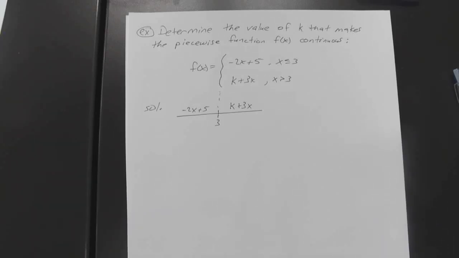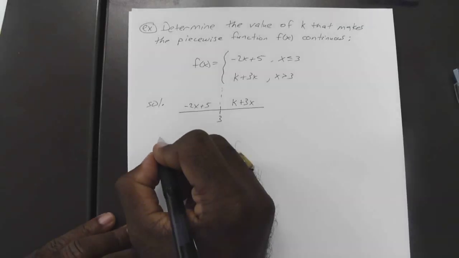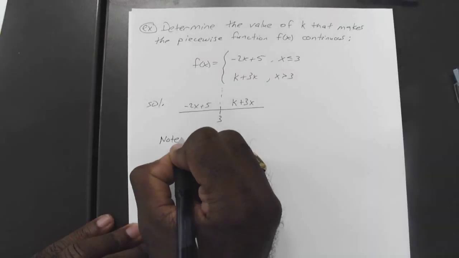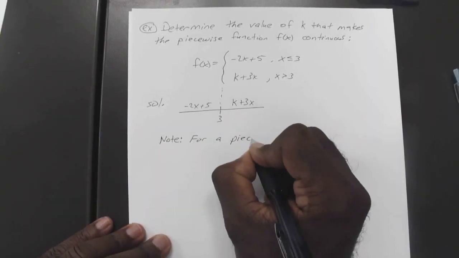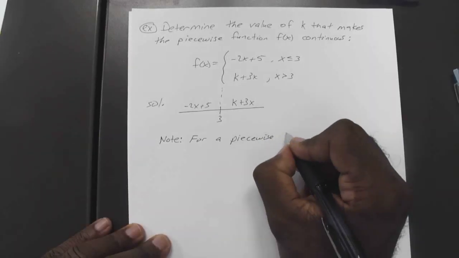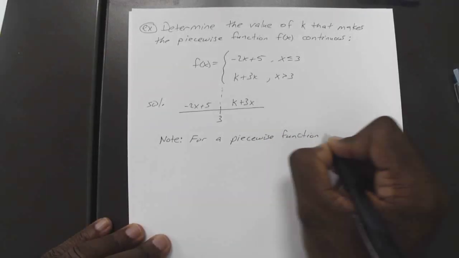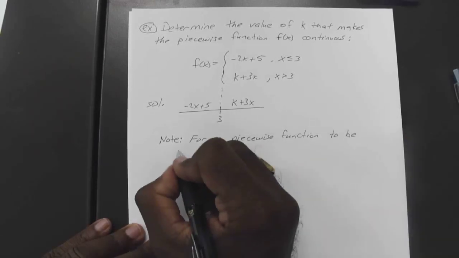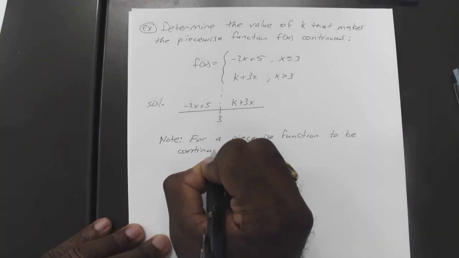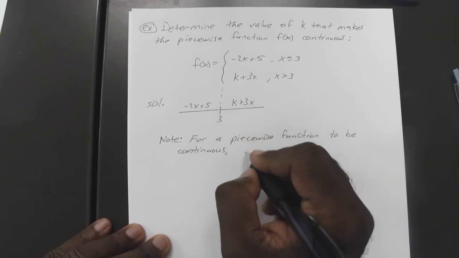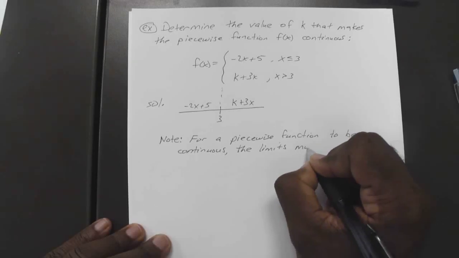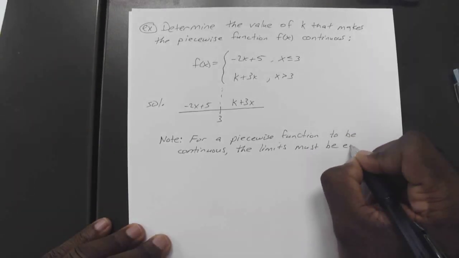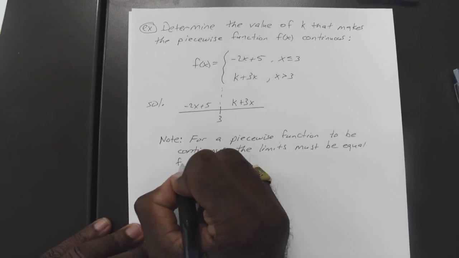Now, for this to be continuous, the limits have to be equal from both sides. For a piecewise function to be continuous, the limits must be equal from both sides.